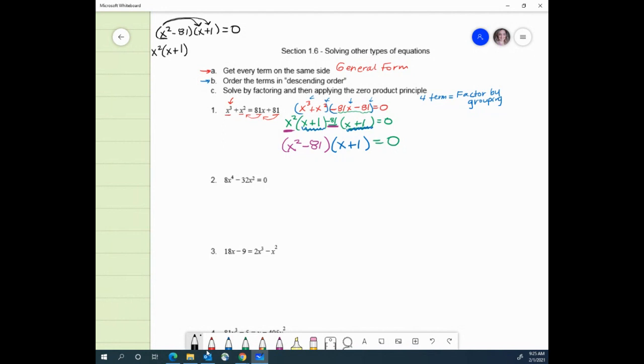That's x squared, and I'm multiplying it times both of those. And then I say, okay, the inside and the outside, and the last 2 terms, so negative 81 times x plus 1 equals 0. So doesn't this line match this line exactly?